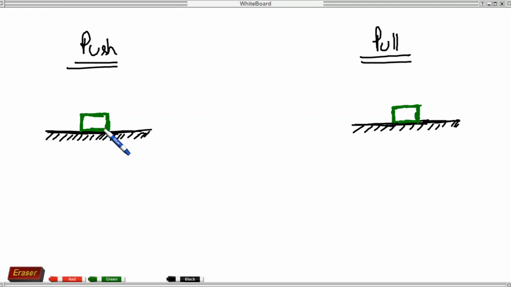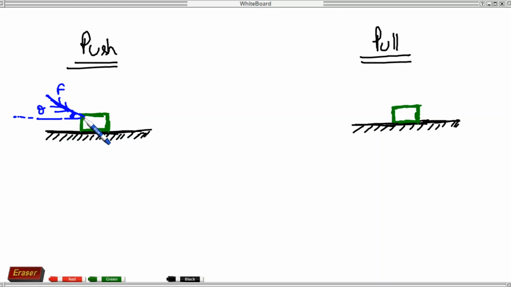Now what I will be doing here is pushing it with force F, and it makes an angle theta. This angle is theta.